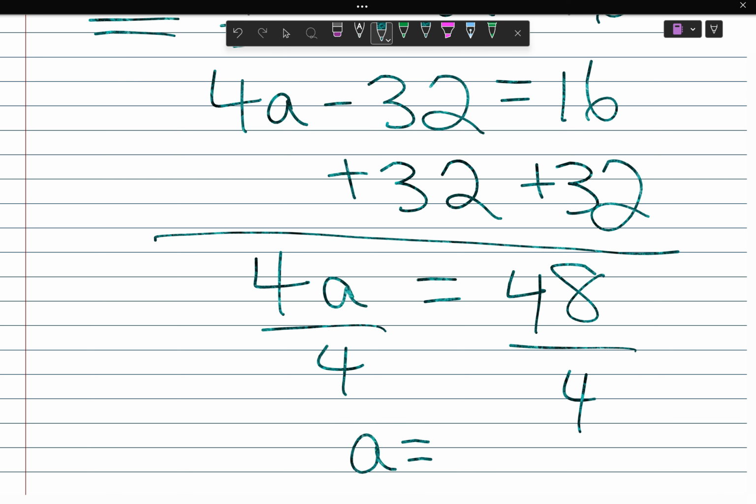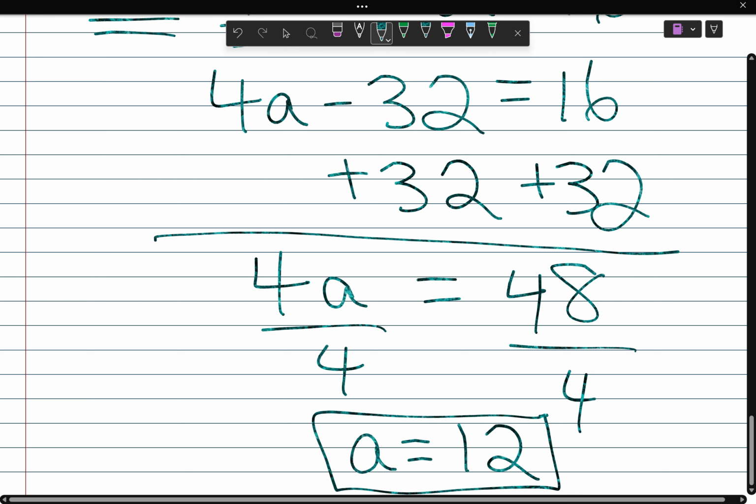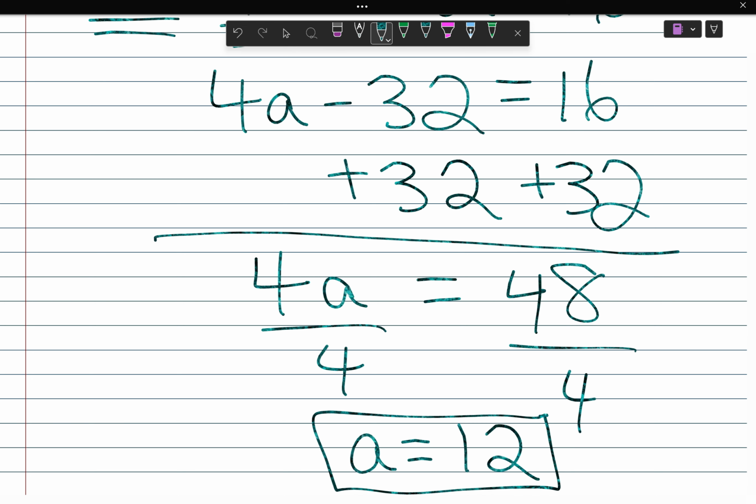A is equal to 12. We have the variable on one side and the number on the other. So just keep in mind the main goal. Variable on one side, number on the other.